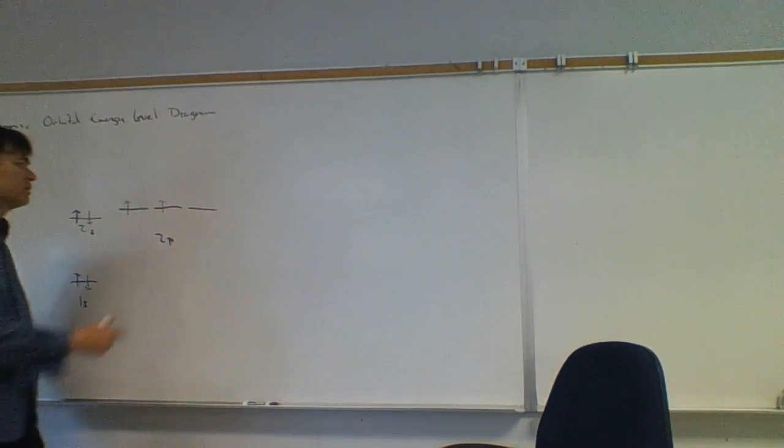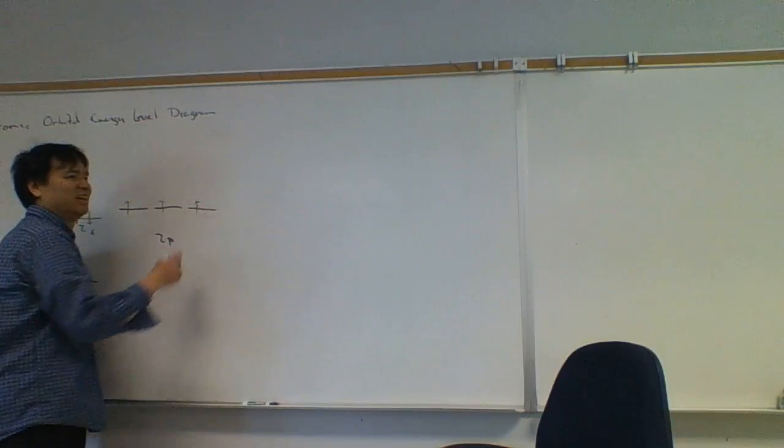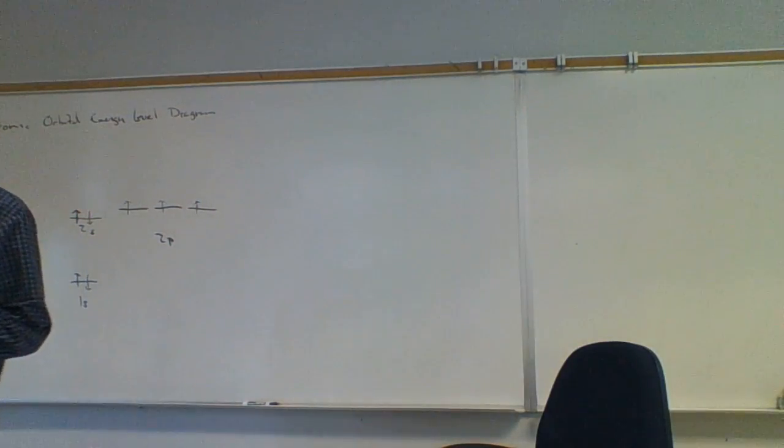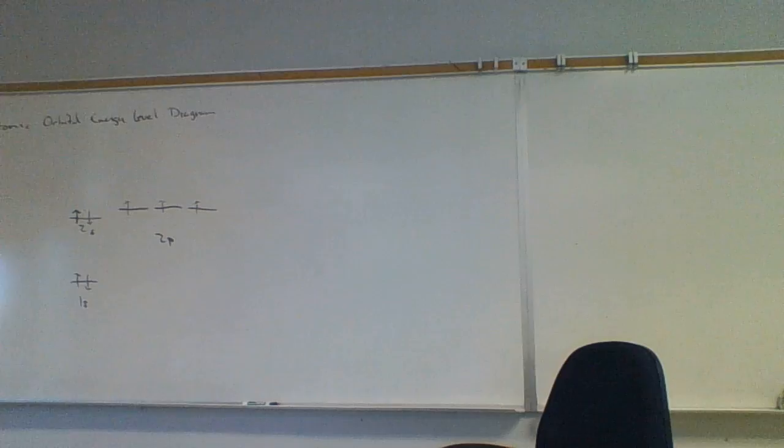Then we go from carbon to nitrogen. Nitrogen could potentially lose how many? 5. If nitrogen loses 5, like in nitrate, is it so happy? No, it's not so happy because there's a lot of electrons to lose.